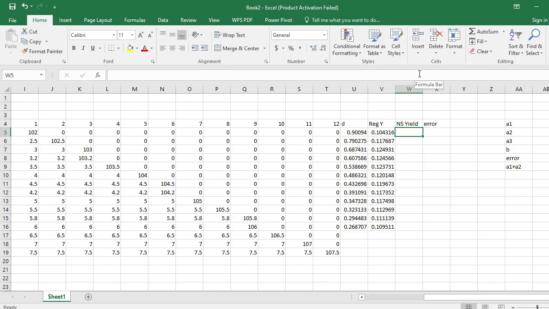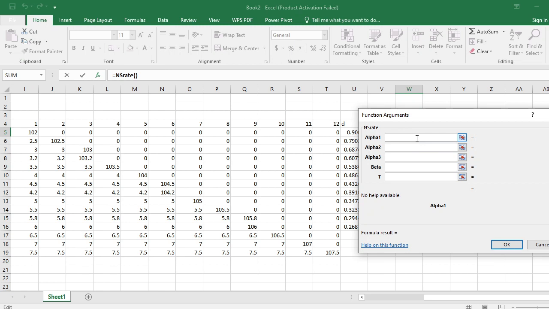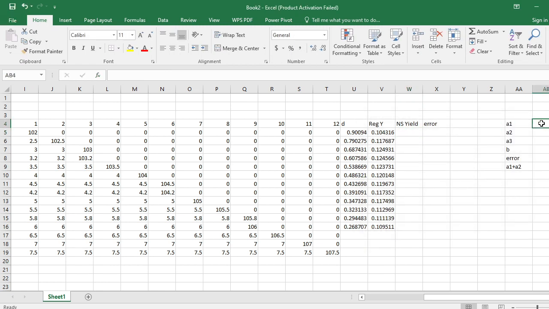But what I've done is I have developed a homemade NS formula in Excel using VBA, which is NS weight, and the input of this formula is alpha 1, this, and so on. So let's imagine putting some arbitrary numbers in this.